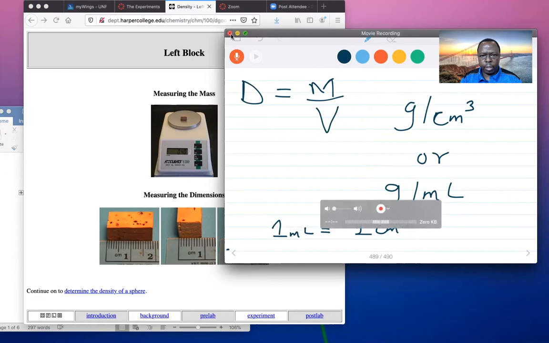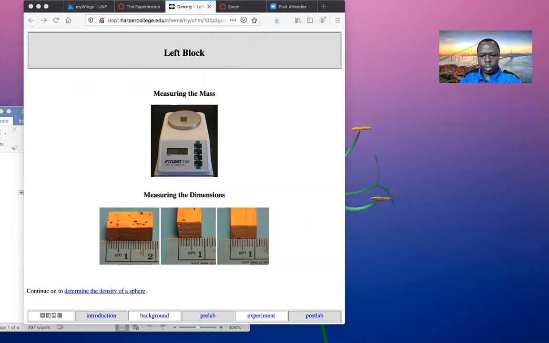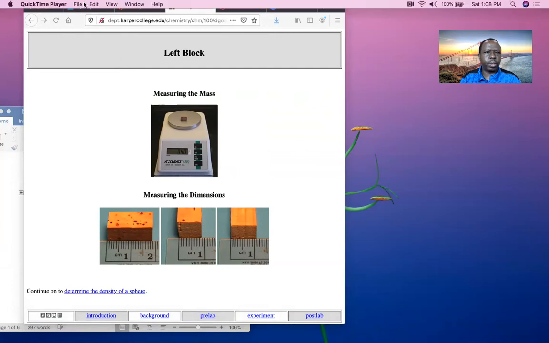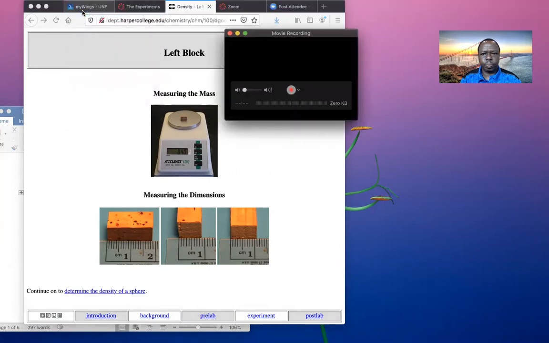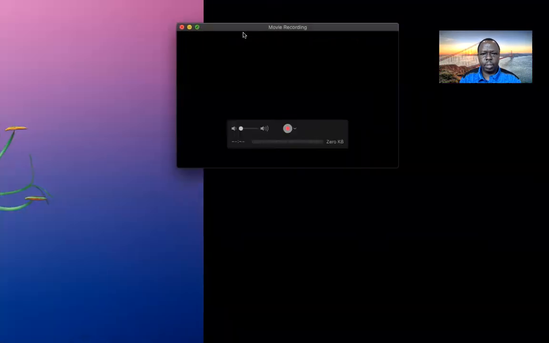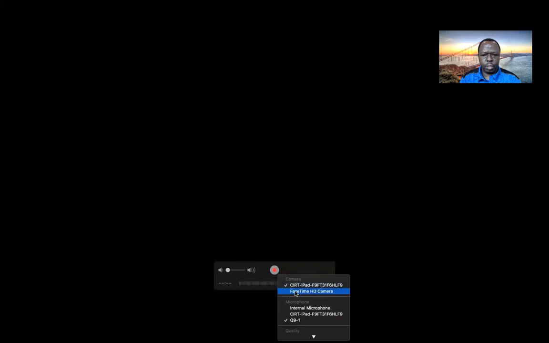Again, my whiteboard is not responding for some reason. Let me just see if I can reconnect. Make sure you can see my whiteboard. I'm going to stop sharing the screen for a minute and try to reconnect again, see if it's going to work.